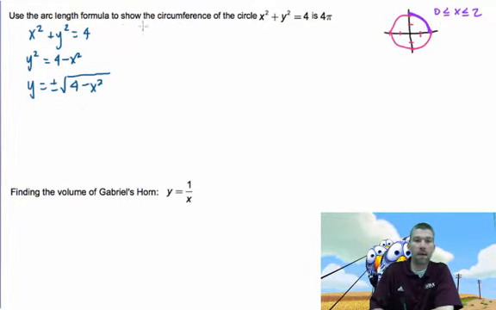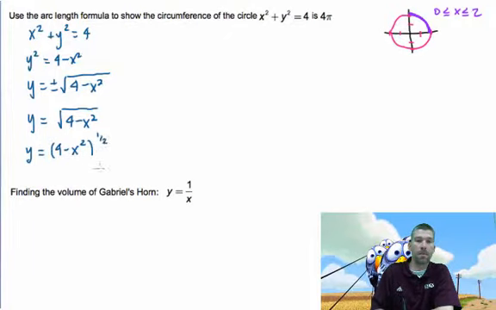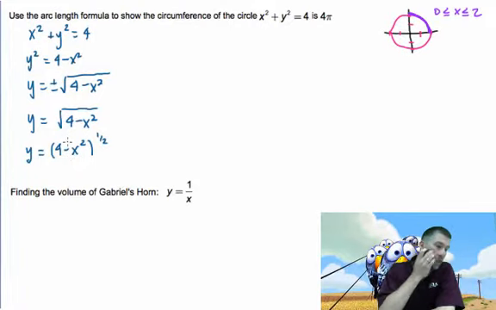So when I set my equation up here, I can look at just the function y equals the square root of 4 minus x squared, or y equals 4 minus x squared to the 1/2 power. Okay, so one of the things that we're going to have to use is our arc length formula.